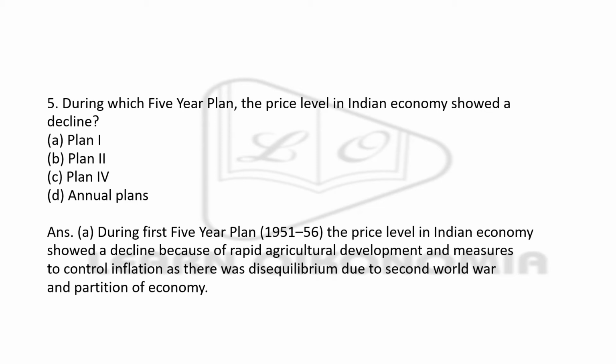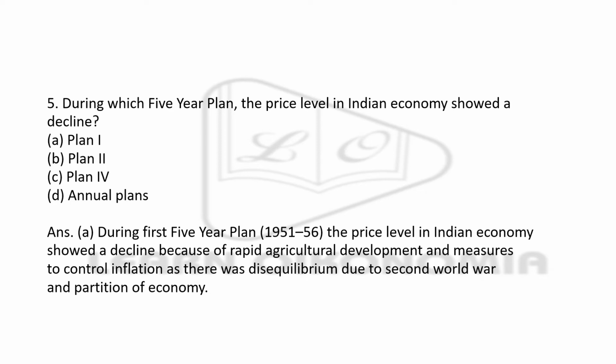Before going for your examination, you have to make an assessment of all the 5-year plans, annual plans, etc. that we had for India. We know that the right answer here is option A, the first plan, which concentrated on the agriculture sector. The first plan was from 1951 to 56.